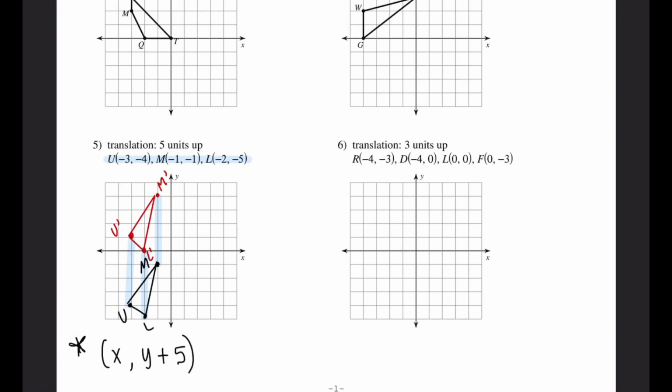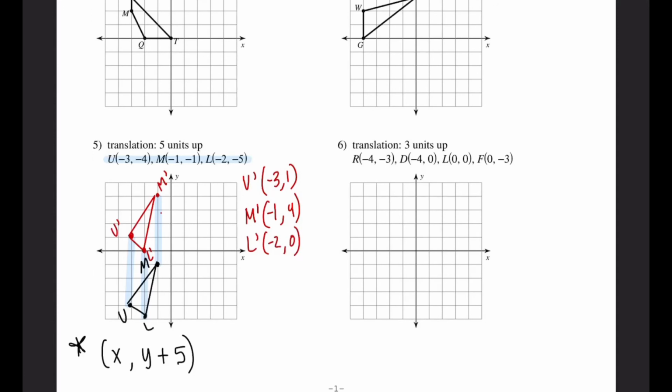Okay, so u prime is at point -3, +1. Okay, m prime is at -1, +4, and L prime is at -2, 0.